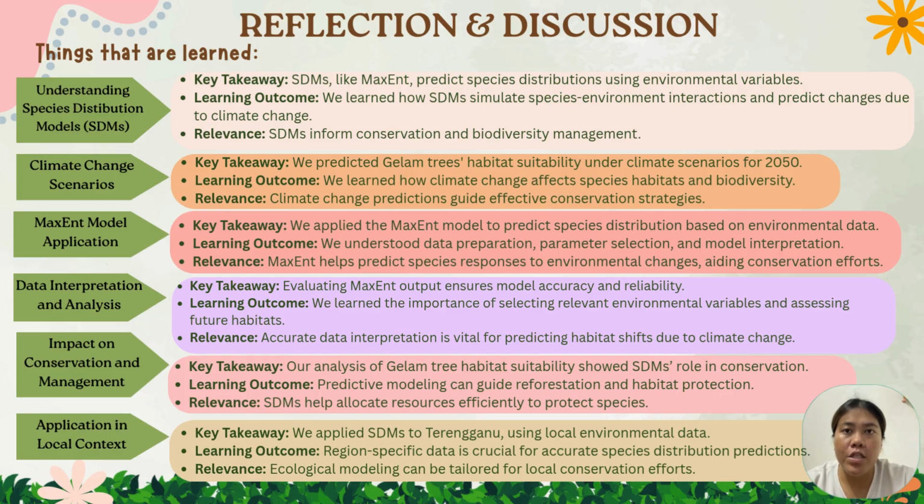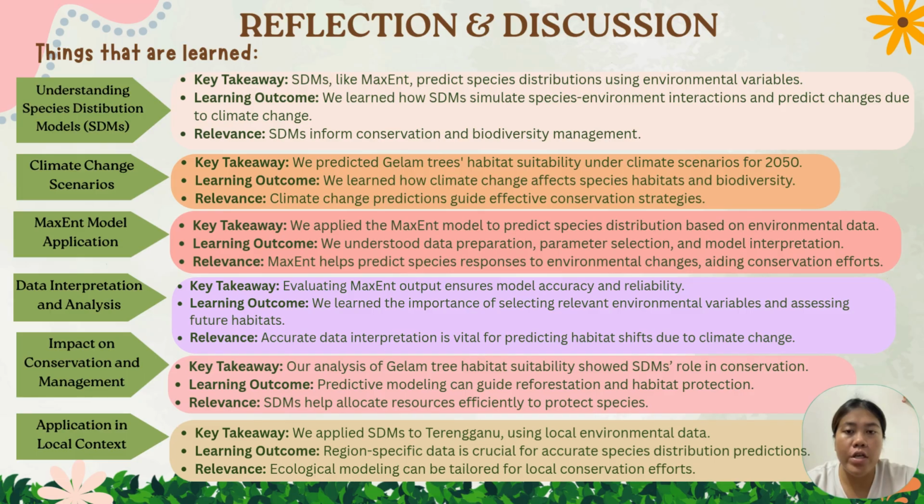Second, climate change scenarios. We predict Gelam tree habitat suitability for 2050 under different climate scenarios. This helps us understand how climate change, such as temperature and precipitation shifts, can impact species habitats and biodiversity, which is crucial for effective conservation planning.